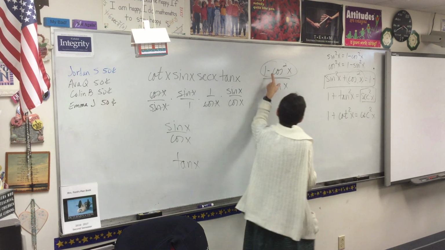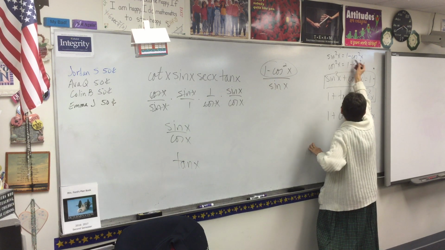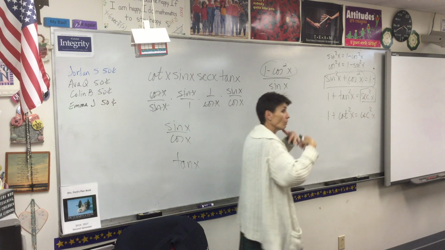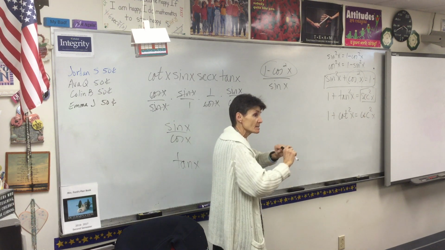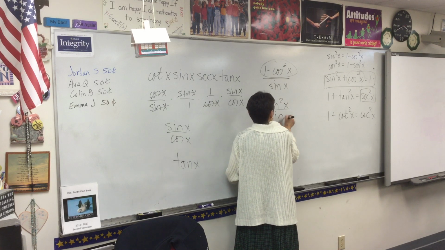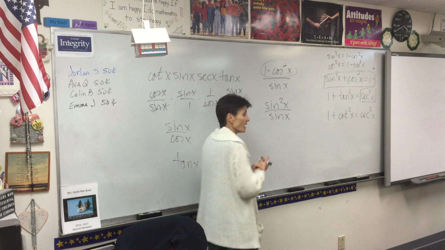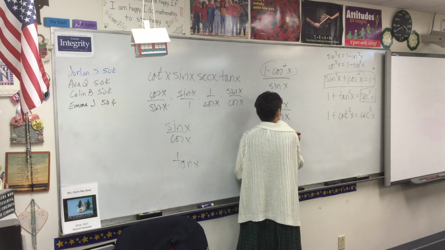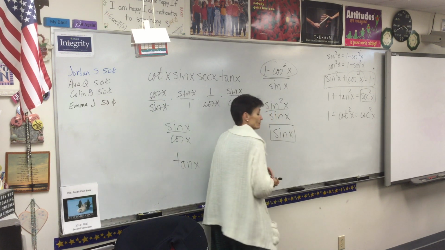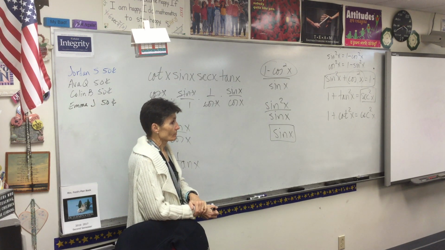So when you see a 1 minus cosine squared, you can always replace it with sine squared. So now you've got sine squared over sine, and that is just sine. Okay?